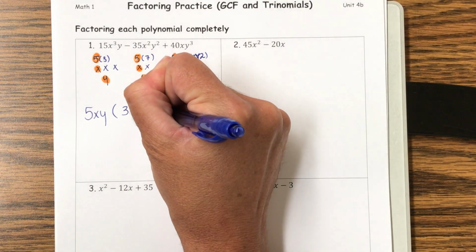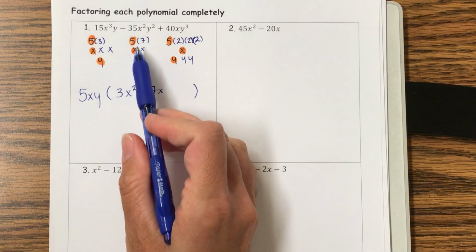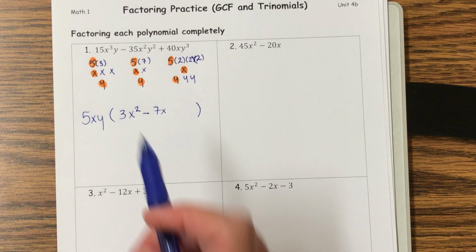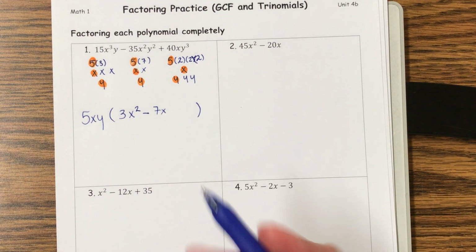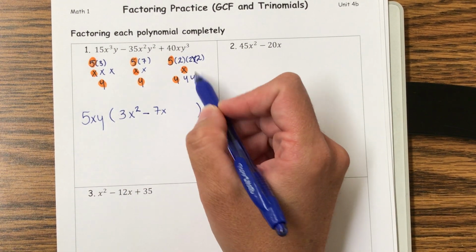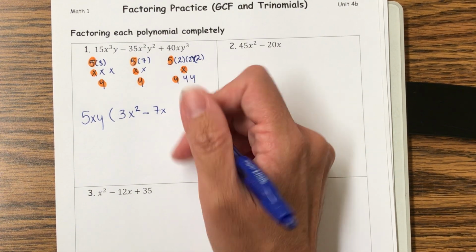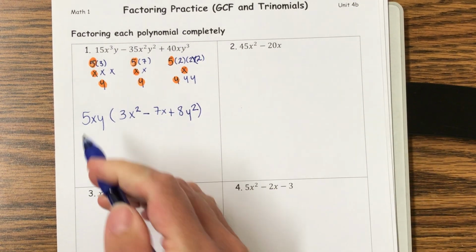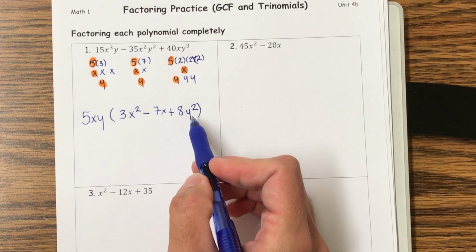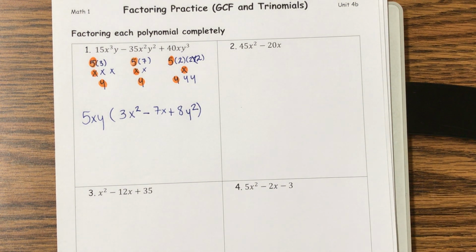That's going to be negative 7x, because 5 times 7 is 35, x times x is x squared, and y times 1 is y. 5xy times what is going to get me 40x y cubed? 8y squared, because 5 times 8 is 40, x times 1 is x, y times y squared is y cubed. So I have successfully factored out a GCF.